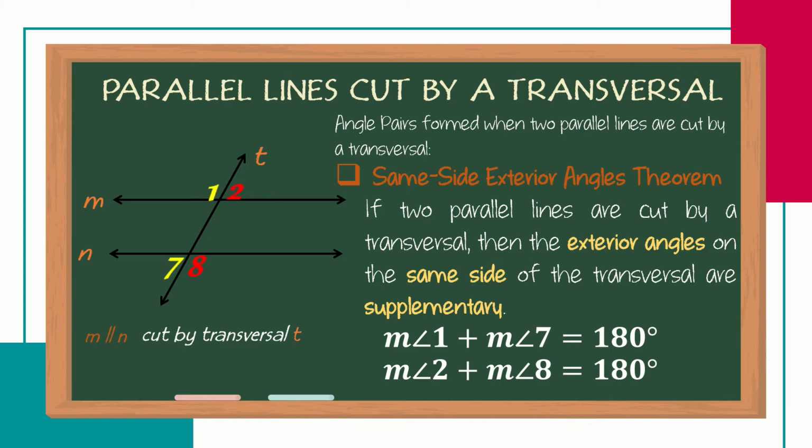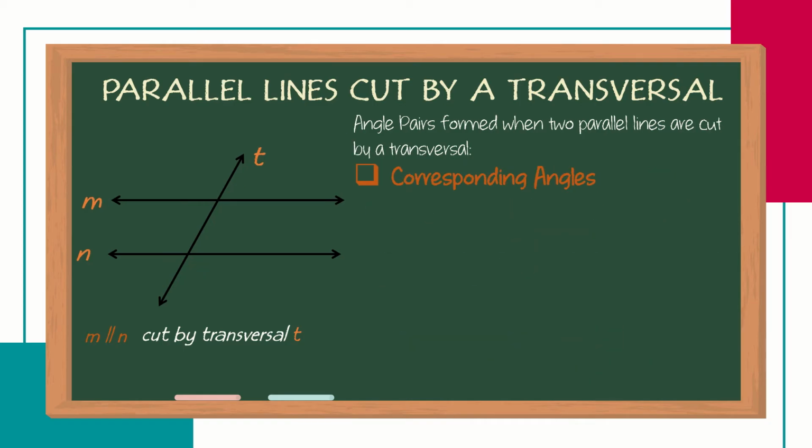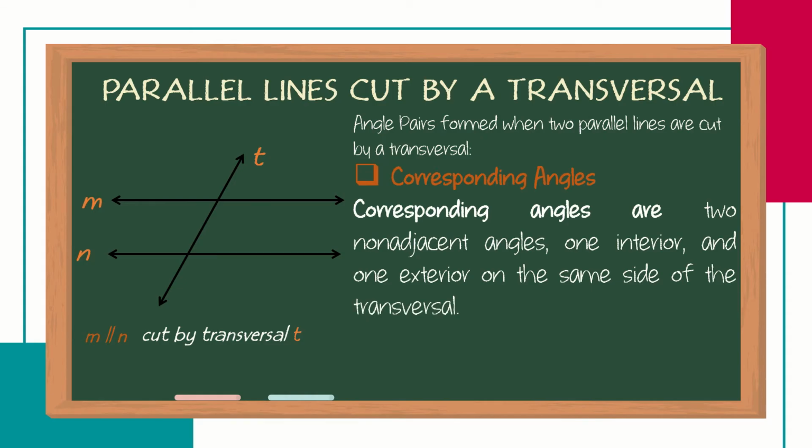And lastly, we have the corresponding angles. The corresponding angles are two non-adjacent angles, one interior and one exterior on the same side of the transversal. If M is parallel to N, there will be four pairs of corresponding angles.